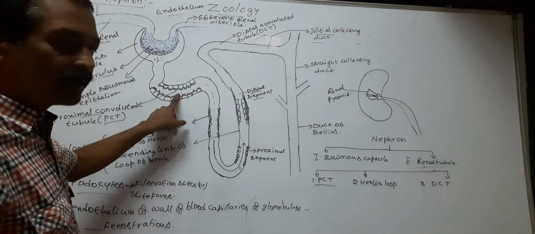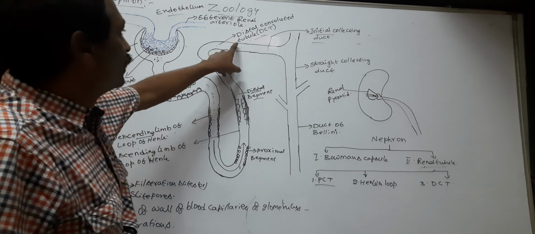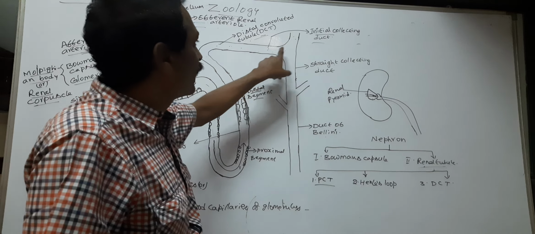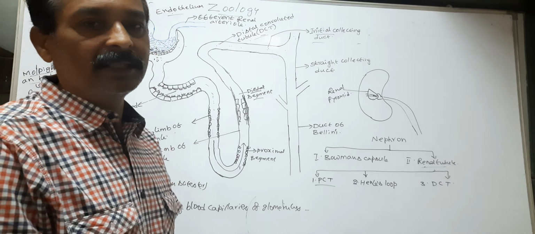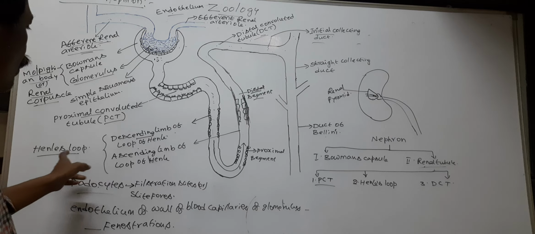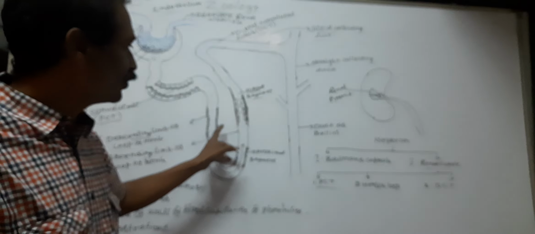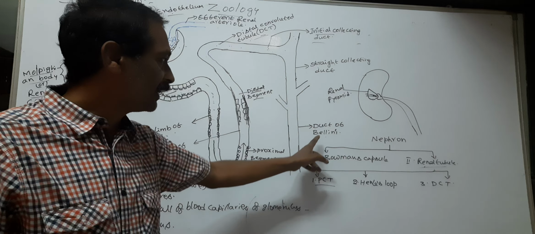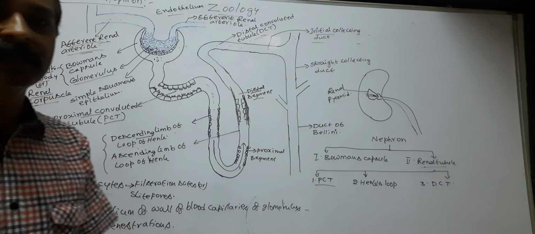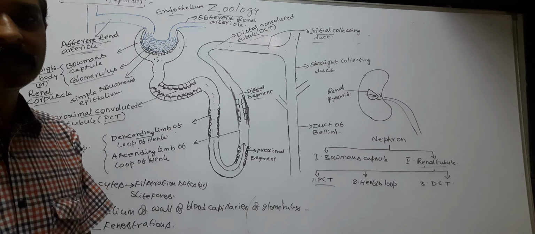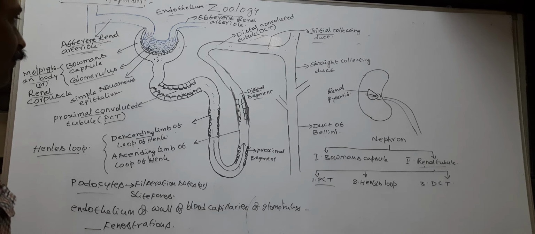Next, the proximal convoluted tubule, distal convoluted tubule, and initial collecting ducts are situated in the cortex of the kidney. Next, the loop of Henle, straight collecting duct, and duct of Bellini are situated in the medulla, the middle of the kidney. So this is the structure of the human nephron.